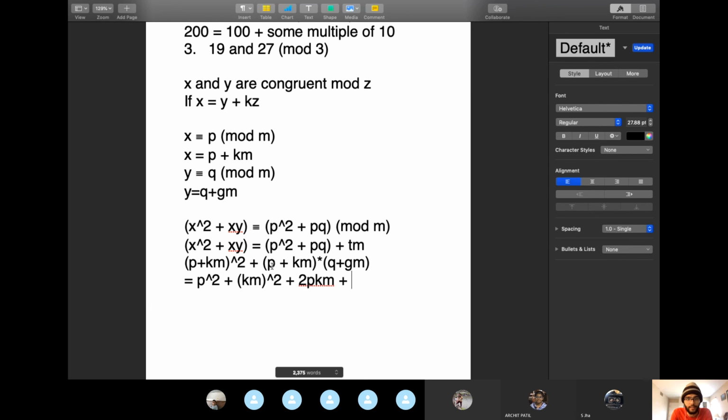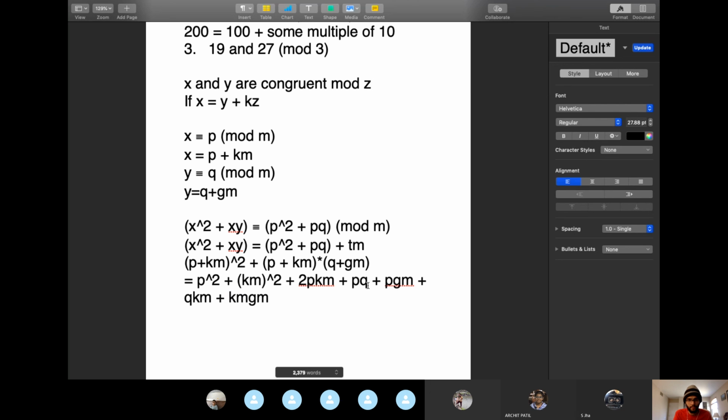Plus, distributive law. Let's just multiply. This becomes pq plus pgm plus qkm plus kmgm. This is what it becomes.